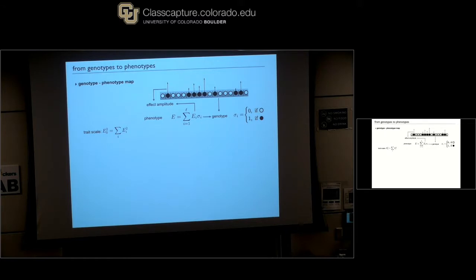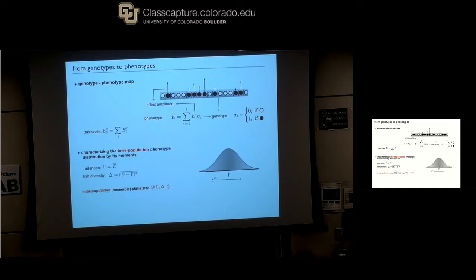Okay, so let's say your spins have, instead of 1 and minus 1, they have 0 and 1, right? And then you define an energy that is the sum of the spins coupled to some quantitative variable E_i, so different positions have different importance in this setting, right? And we want to characterize how this phenotype, this energy phenotype, changes over time.